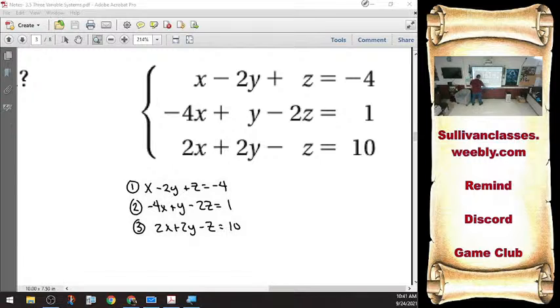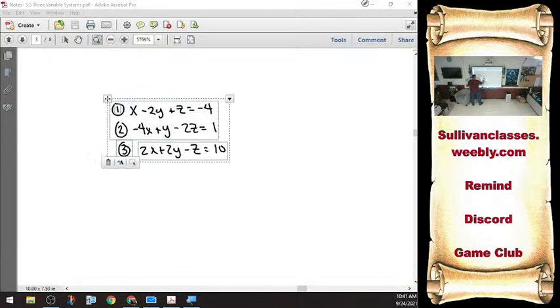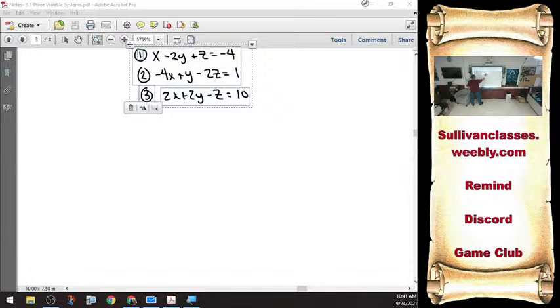Okay. Then, option number 1, substitution. You pick one of those variables, x, y, or z, to get by itself. And just like when we did substitution with two variable systems, you're like a lion stalking the herd.